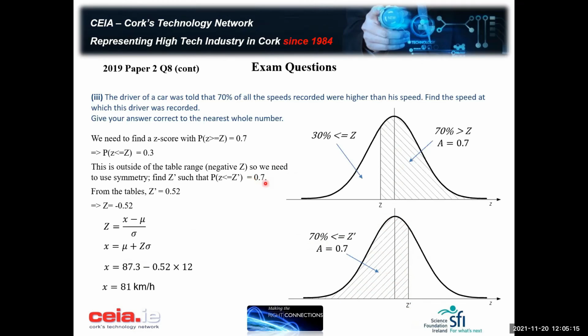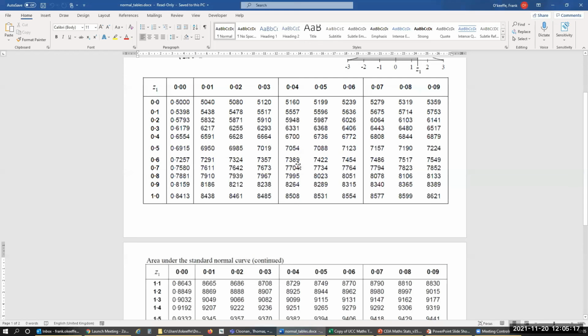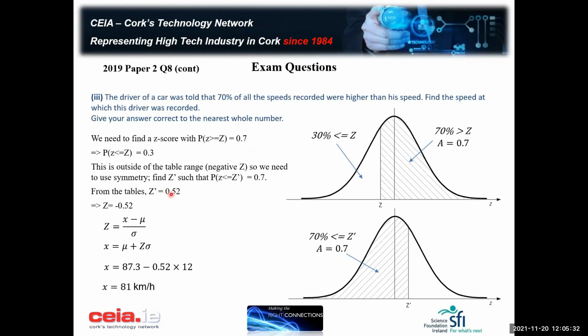So we want to find a value of 0.7 in the table. Searching the table, we find 0.7 kind of between here and here, between 0.52 and 0.53. So we take 0.52 here. So that z prime would be 0.52.